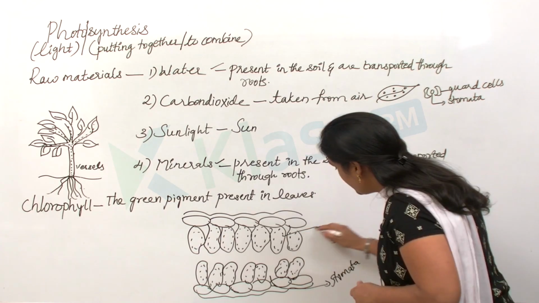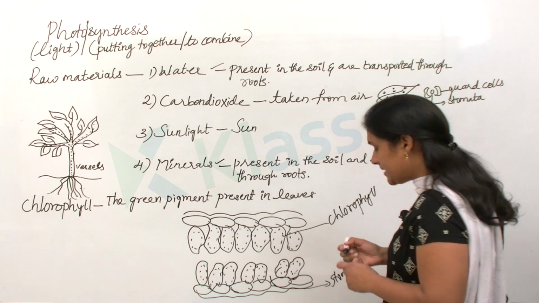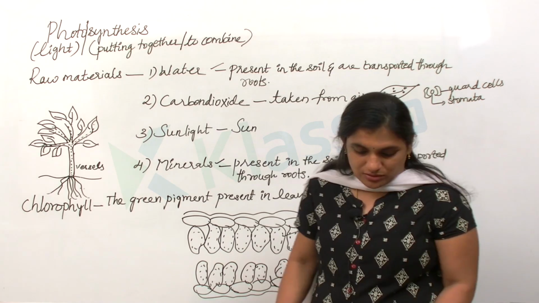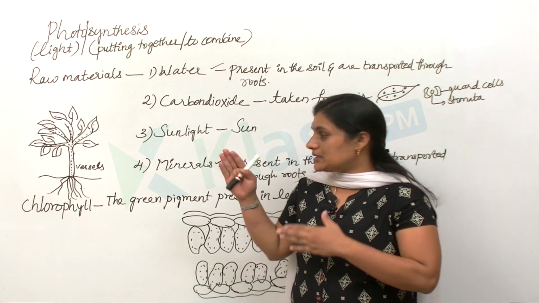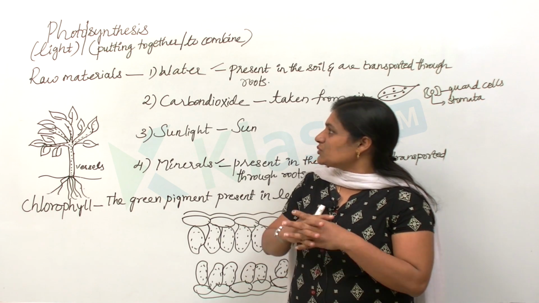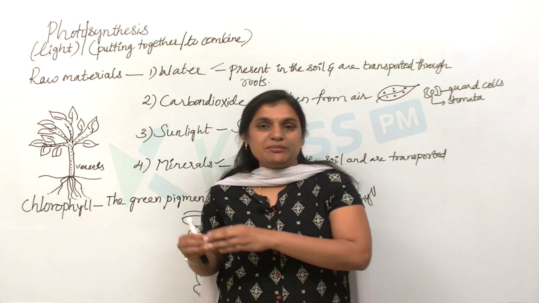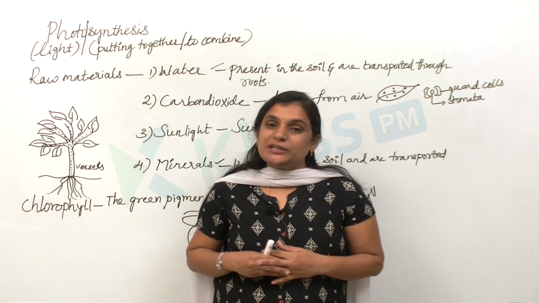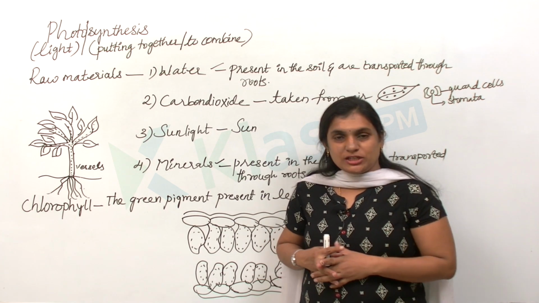You see that these are chlorophyll, and this chlorophyll helps in trapping the sunlight through the stomatal opening. So we find that chlorophyll, sunlight, carbon dioxide, minerals, and water help in carrying out the preparation of food in plants. It is a unique process on the earth.